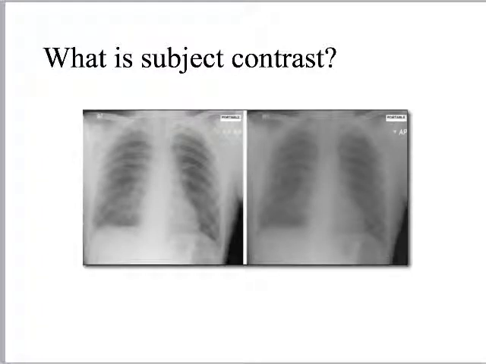So this image on the left, you'll notice in terms of the overall whiteness and darkness of these images, they are essentially the same. How can I say that? Well, what I'm looking at first and foremost is the mediastinum, the shadow of the heart, right? Can I see a little bit of the T-spine through the mediastinum? I'm using that as my measure of whiteness on the image.